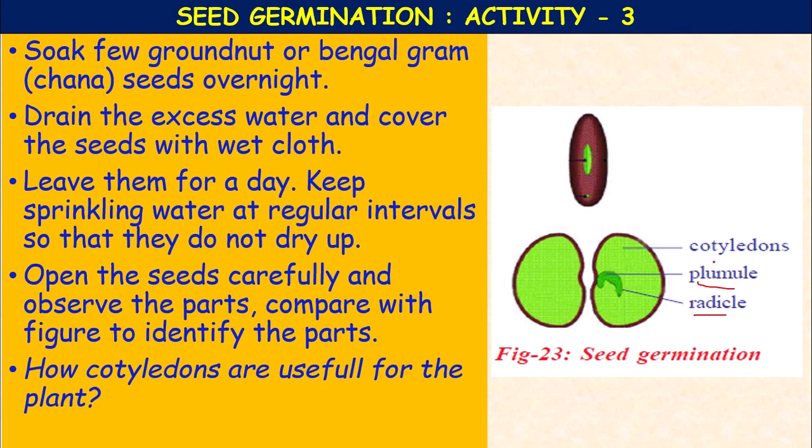This is the cotyledon. These cotyledons are the seed's young leaves of a seedling, which help in the preparation of the food material or provide the food for the growing seedling.